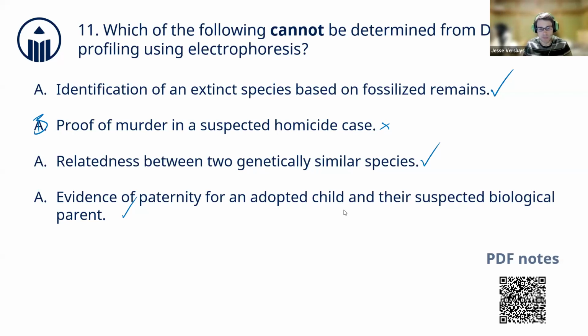It doesn't tell us there was a murder. It doesn't tell us that somebody assaulted someone else or anything like that. We need more evidence than that. We need video evidence. We need eyewitness testimony, whatever. But all it tells us is that there's a match between two people or some similarities between two samples. It doesn't tell us the full details. So DNA is a part of forensic testing that can be used for solving crimes, but it's not the full picture.